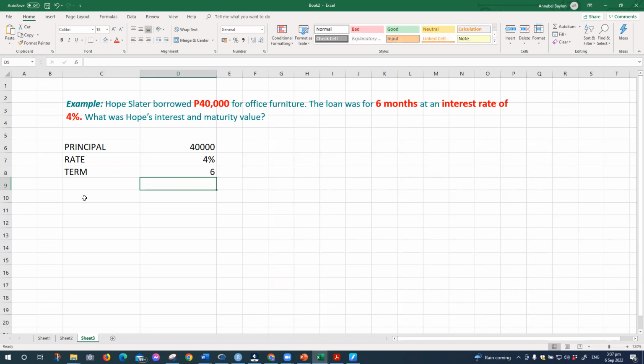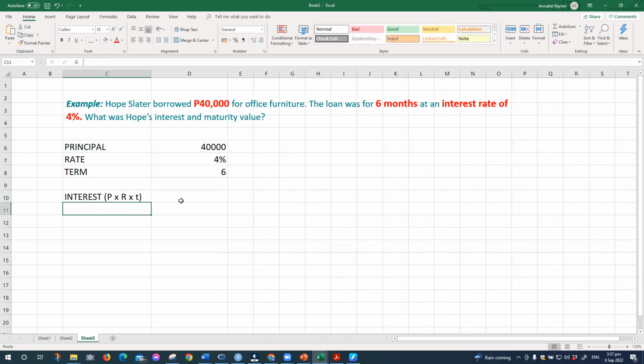Okay? So the interest, using the formula, P times R times T. If we use this formula, P times R times T, kunin natin yung product, no?